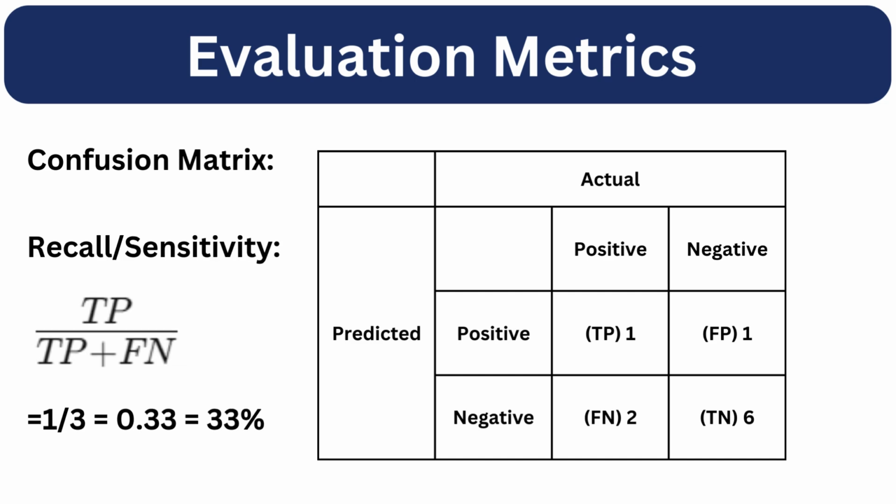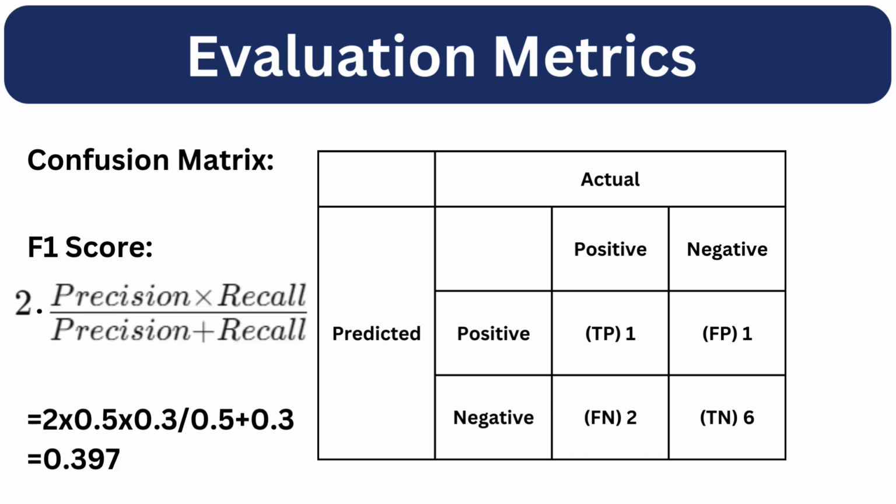Recall focuses on true positives that are correctly identified out of all actual positives. It is important in medical diagnosis where missing a true case can be crucial. It can be calculated by dividing true positives by the sum of true positives and false negatives. In our case, it is 0.33, which means the cancer detection rate is only 33%, although the accuracy was 70%.